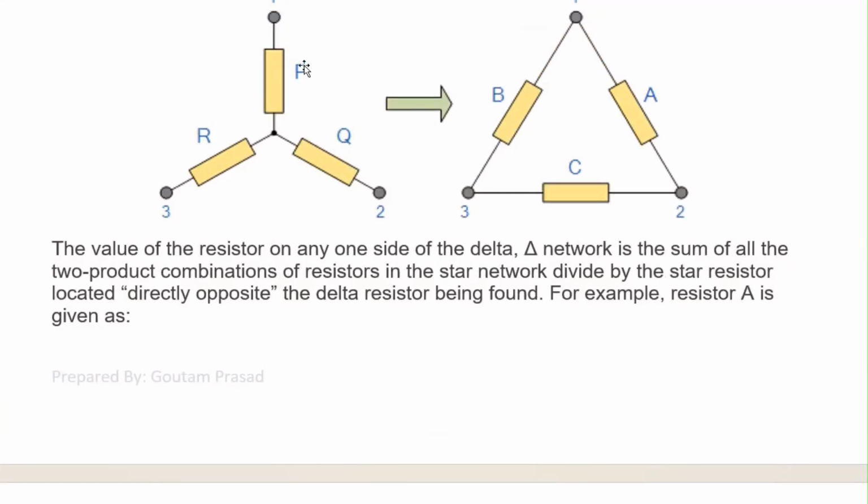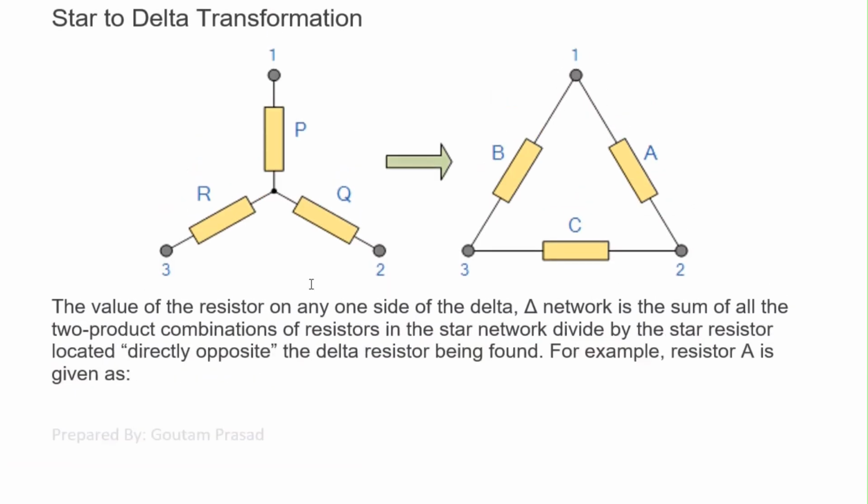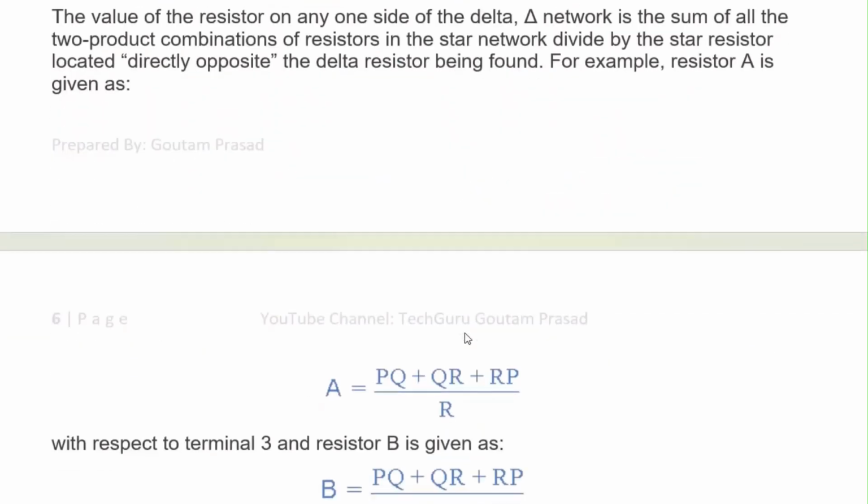So sigma of PQ divided by R, this branch. This will be the formula. So in order to calculate A, you will have to multiply PQ plus QR plus RP divided by R. So that is going to be your value of A. That is delta impedance or resistance, right?